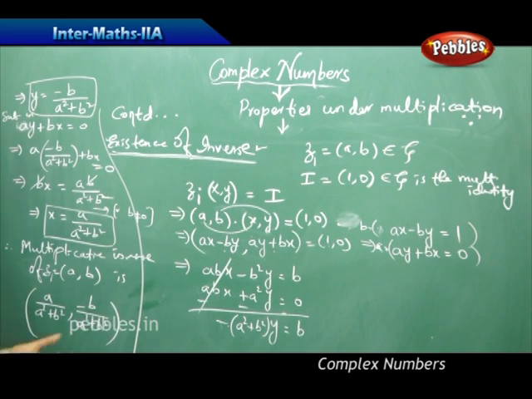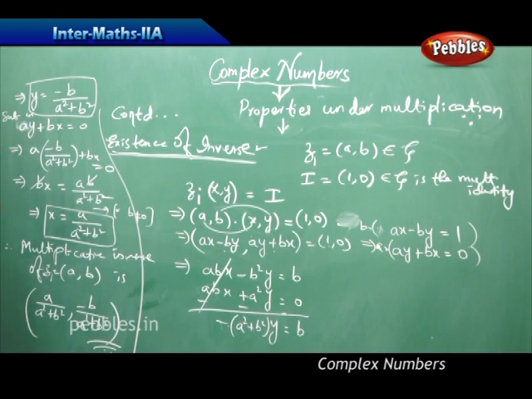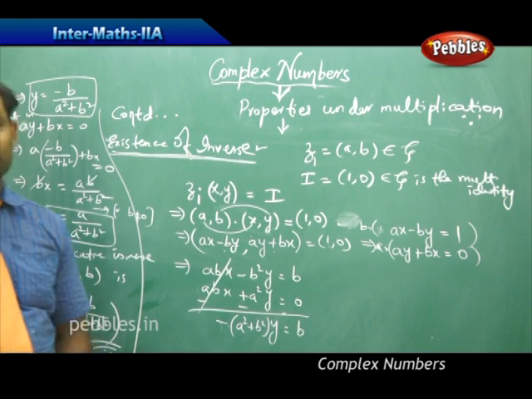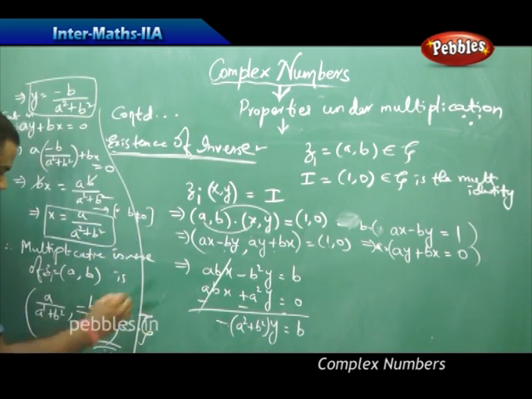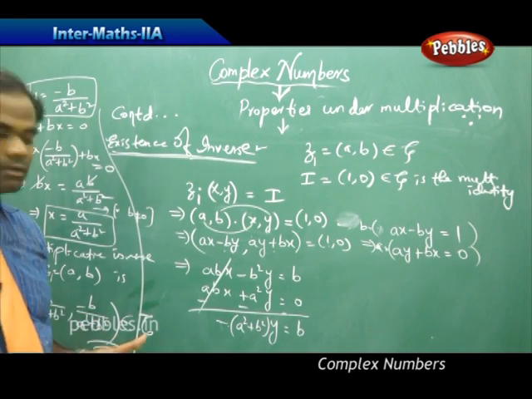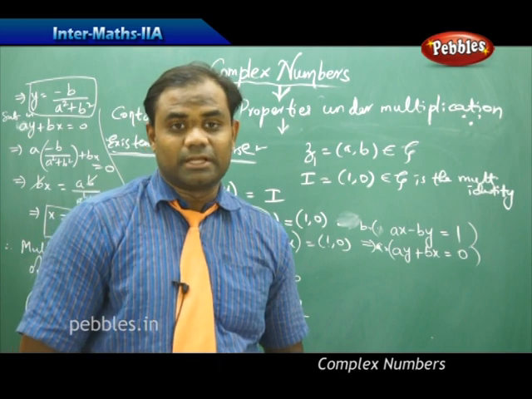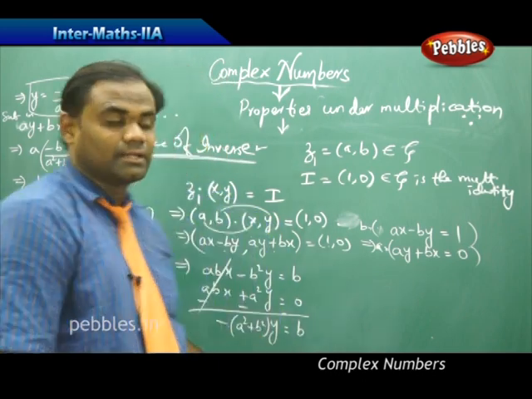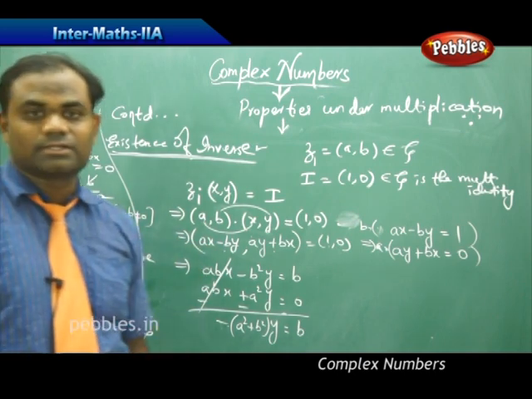This is how we understand the multiplicative inverse of (a, b). And since this clearly belongs to complex numbers, because each of them is a real number for all a, b belonging to R, the multiplicative inverse exists and it is this for (a, b).